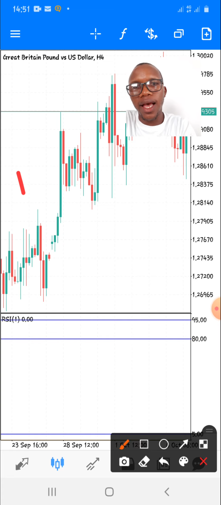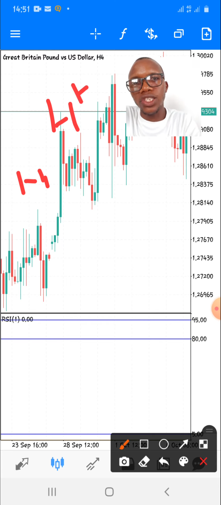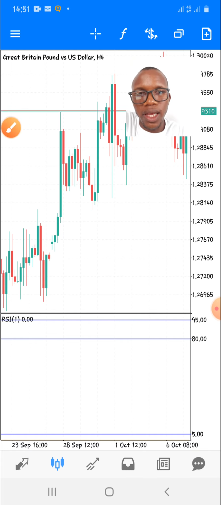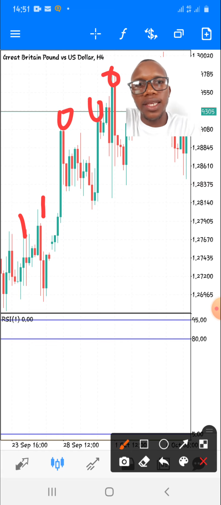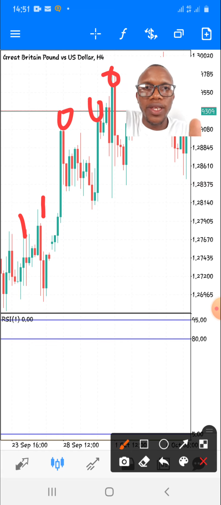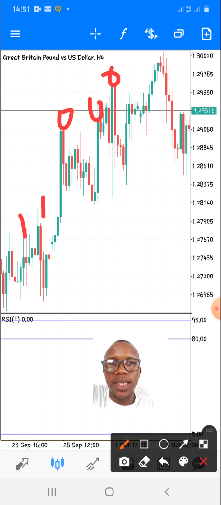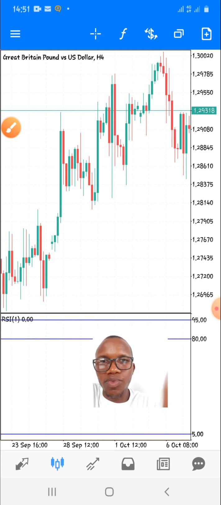the higher highs. Usually there is HH, you see. Here you see what you call the higher highs. Why do we call this the higher highs? We call this the higher highs because the market has moved higher than the previous price.